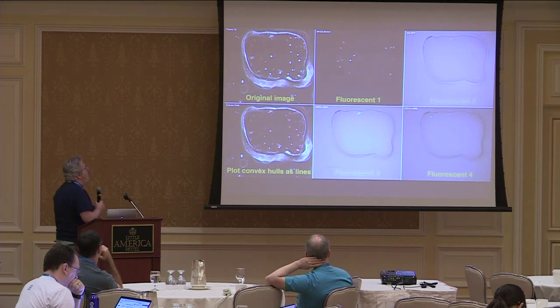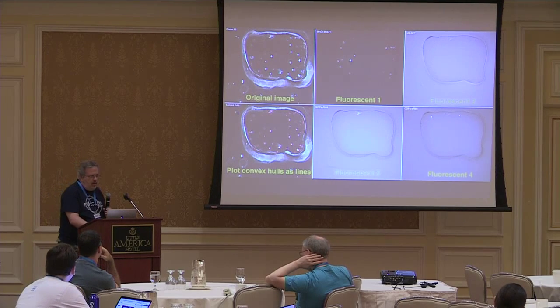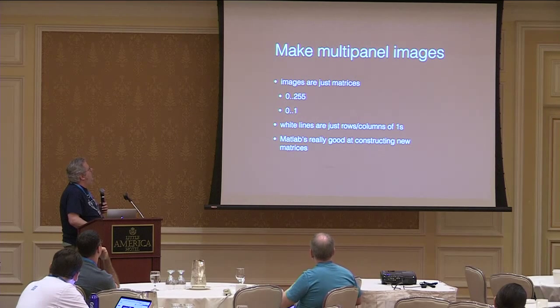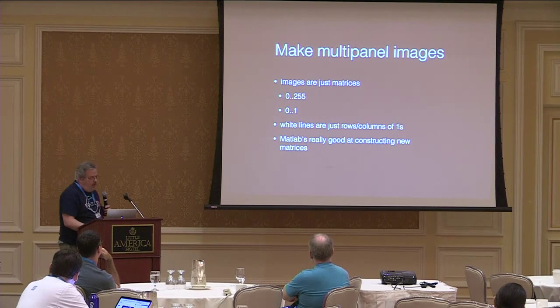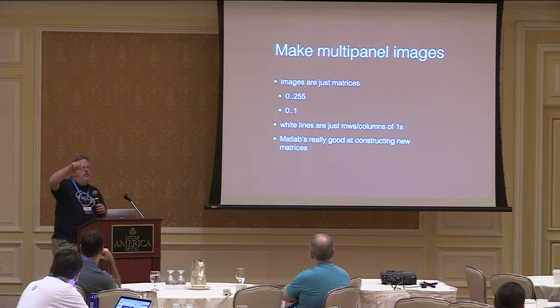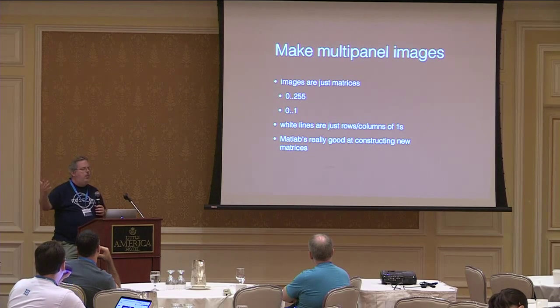So to do this, we have to make a multi-panel image. It turns out this is fairly easy to do in MATLAB, although I think probably not so easy to do in Perl. The way you can do this is that the images are just matrices. Generally, we have them so that the pixel values are all between 0 and 1, where 0 would be black and 1 would be white.